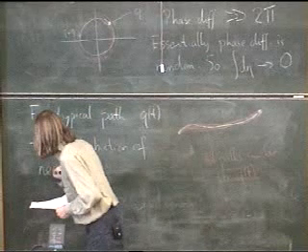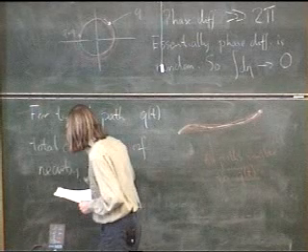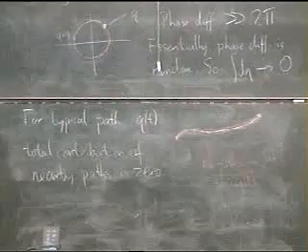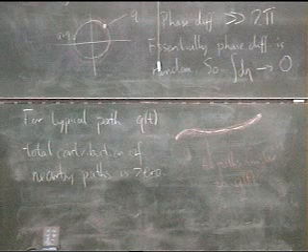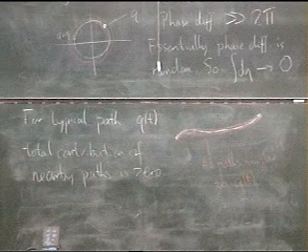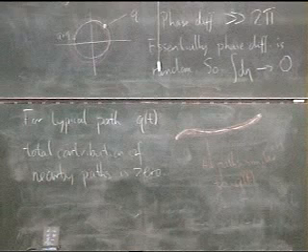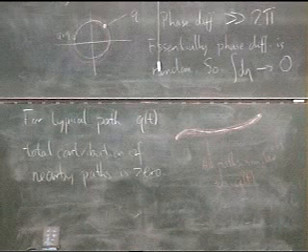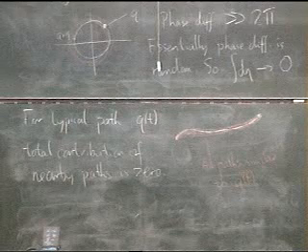So this means the dominant contribution then to the path integral is from paths close to the classical one.